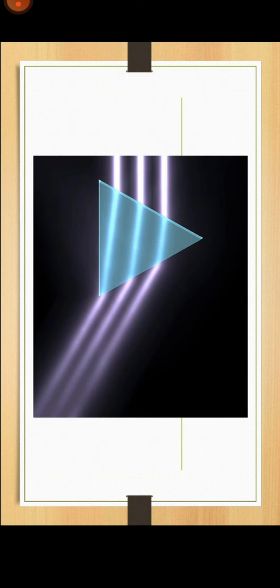We have seen in our school classes that light rays passing through a prism bend and are directed to another point. We can see the incident ray and the angulated ray. The same thing happens in lenses.